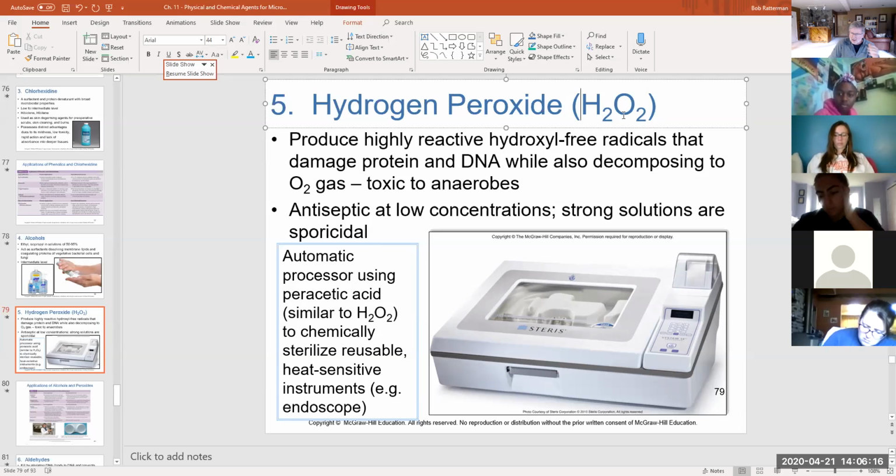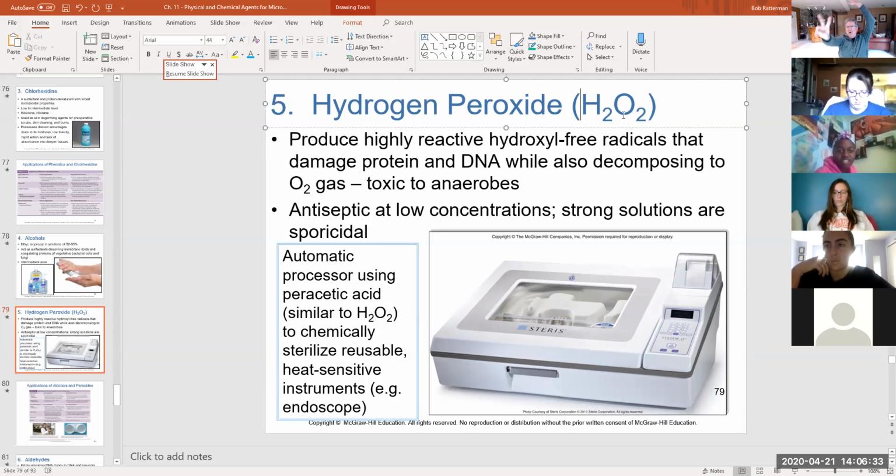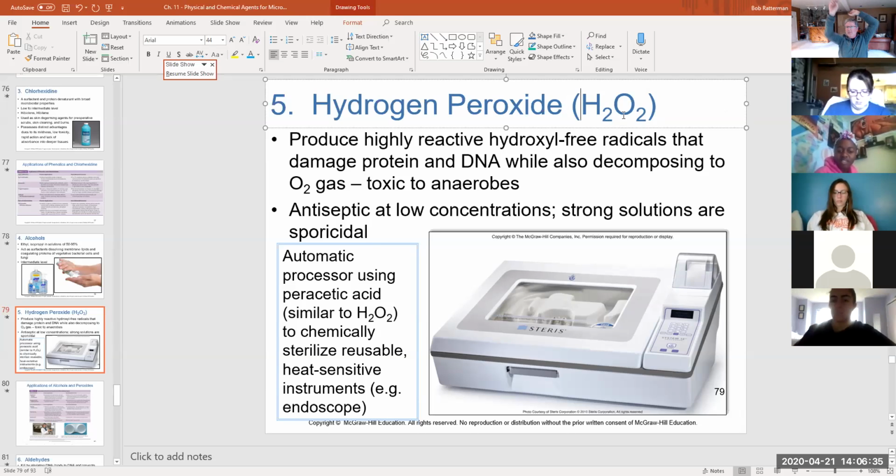So what's the purpose of adding hydrogen peroxide to a cut? Why do we do that? Well, we did it because mom did it, and we have it in our medicine cabinet because mom had it in hers. But why do we do that? What's the purpose? It cleans the cut? Yep, it brings up any microbes that might be deep in the wound and bubbles them to the surface.